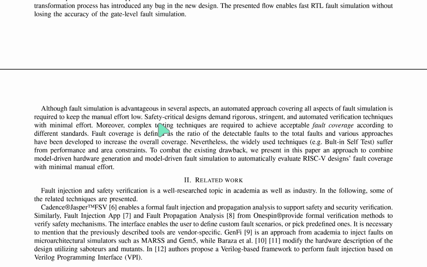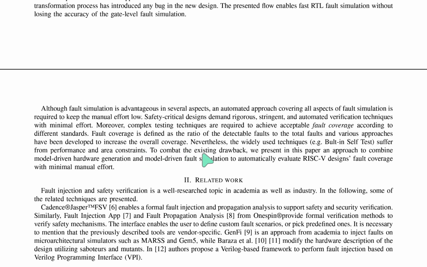Moreover, complex test techniques are required to achieve acceptable fault coverage according to the different standards. Fault coverage is defined as the ratio of detectable faults to total faults, and various approaches have been developed to increase the overall coverage. Nevertheless, widely used techniques, for example built-in self-test, suffer from performance and area constraints.